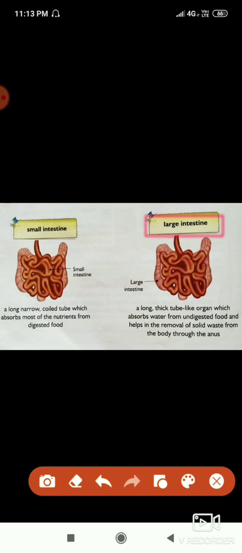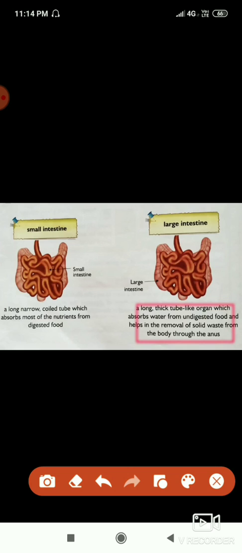Next is given large intestine. The large intestine is shown here. It means it is a big pipe. You see here a big pipe is given. What is written about it? A long thick tube. It is a thick tube-like organ which absorbs water from undigested food and helps in the removal of solid waste from the body through the anus.